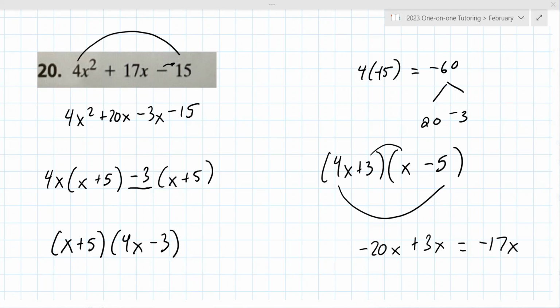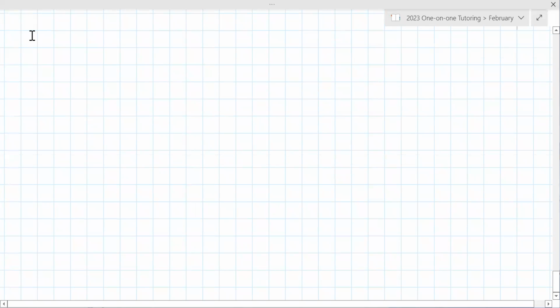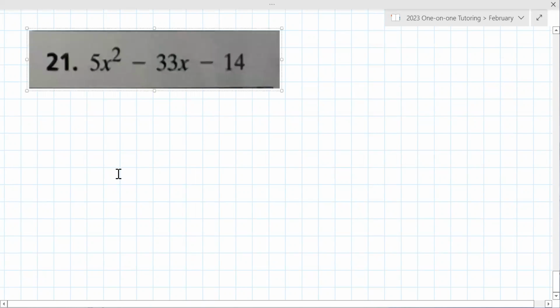All right, let's look at 21 together here. So 5 times minus 14 is negative 70.